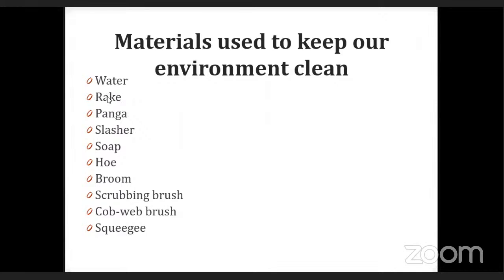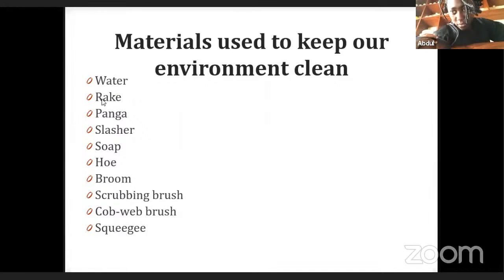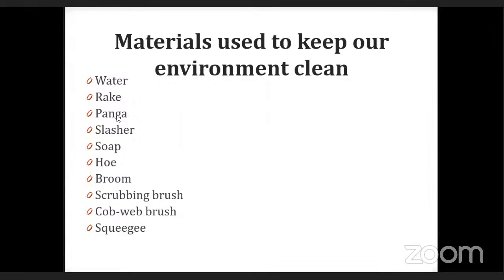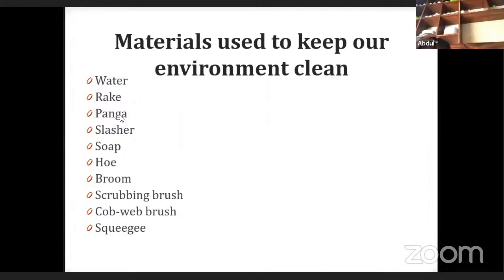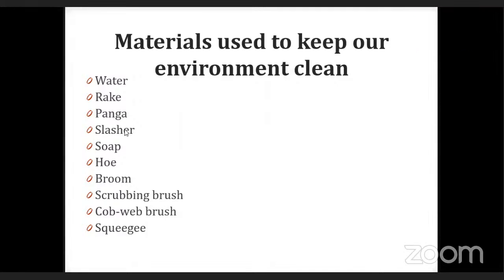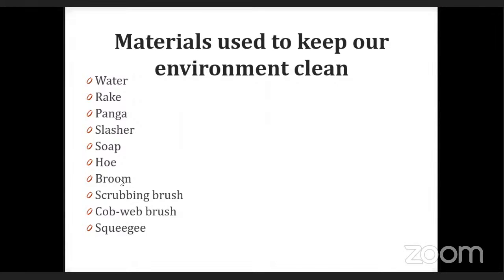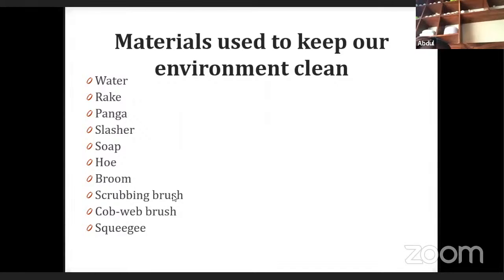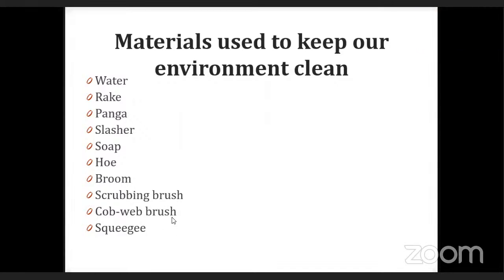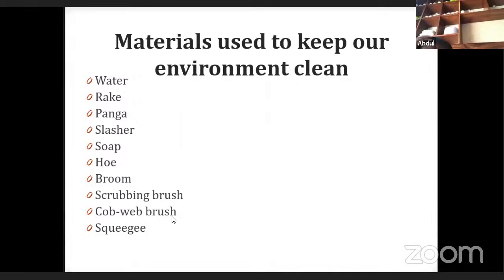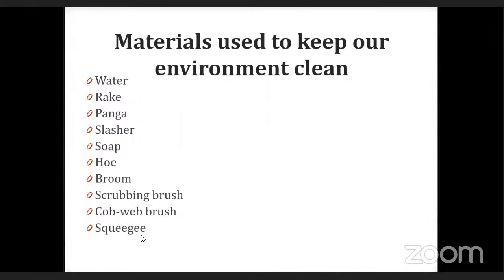Can you say rake? Rake. And then panga. Panga. Slasher. Soap. Hoe. Broom. Scrubbing brush. Cobweb brush. Squeegee.